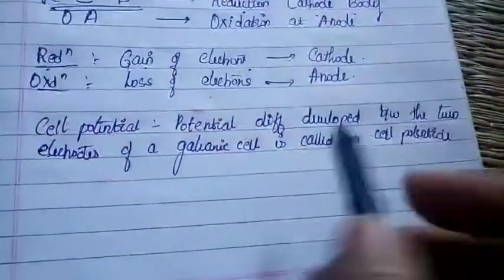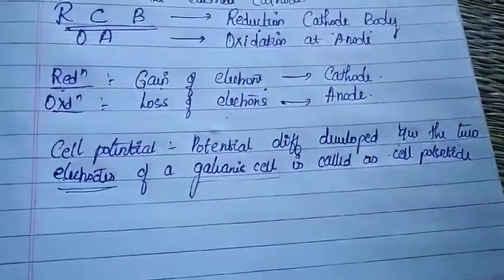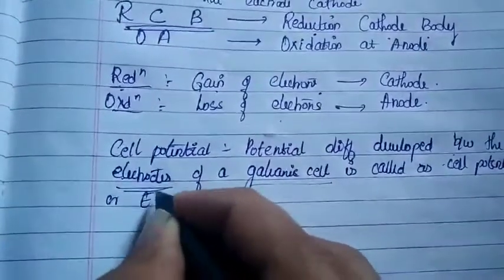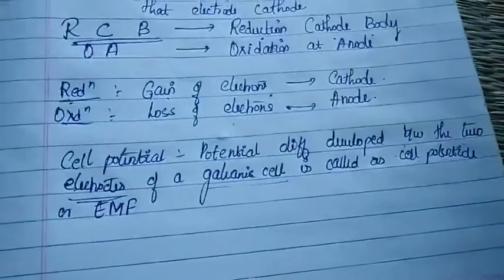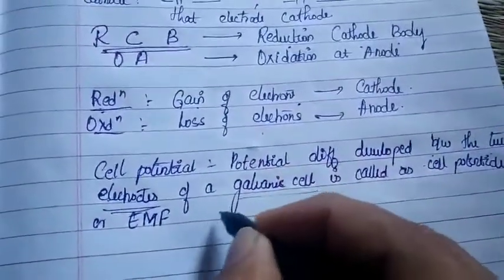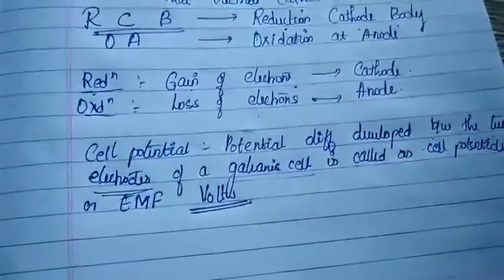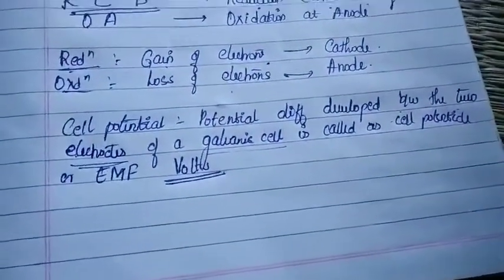Cell potential is the potential difference developed between the two electrodes of a galvanic cell. In certain scenarios, it is also called EMF. Most of you know it: electromotive force. And it's always measured in volts. Of course, potential difference is always measured in volts itself. So cell potential, we also call electromotive force.